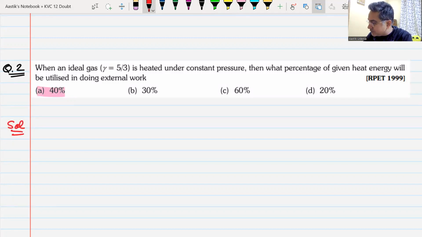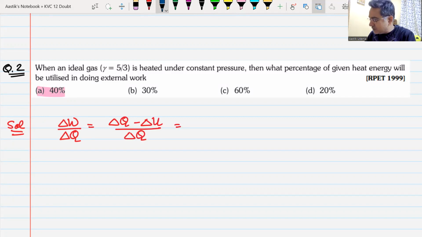So what do we have to find out? You have to find the ratio of work done to heat given. You can write work divided by delta Q. And it is simple after this. So this basically will become Cp minus Cv divided by Cp. Yes or no? Just put the values, get the answer, and I think you will get 2/5.